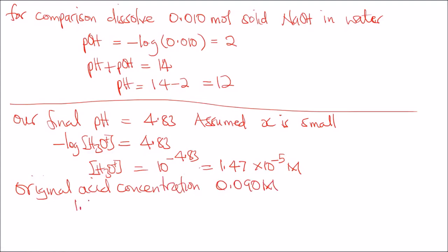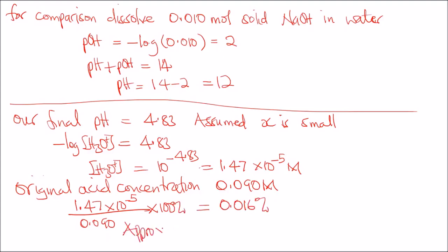So we'll test our X divided by 0.090 times 100%, which gives us 0.016%. Therefore, our approximation is valid.